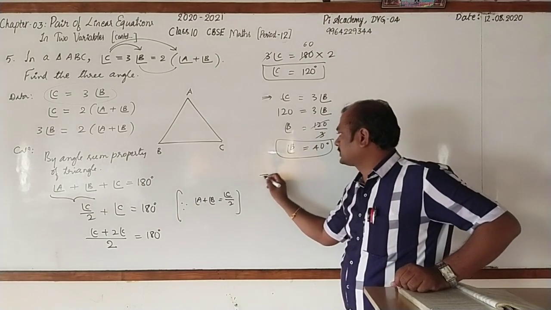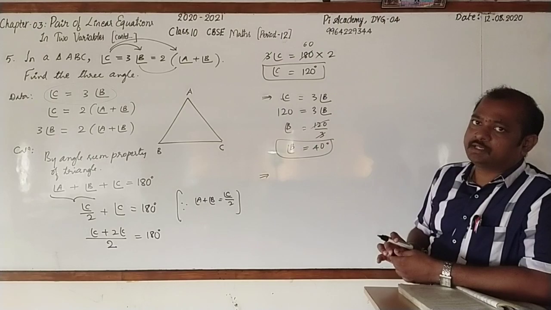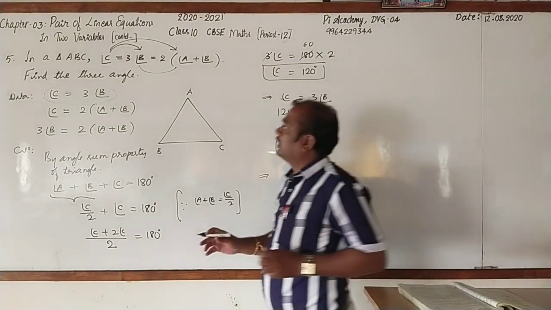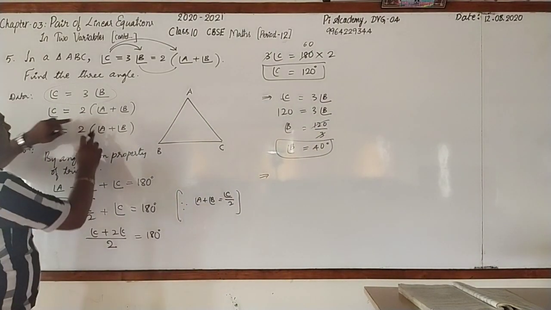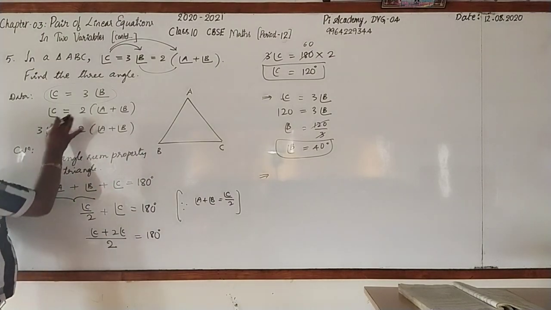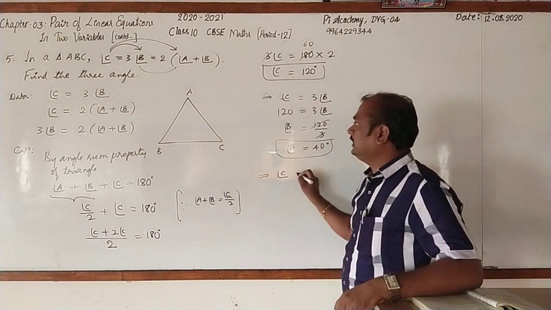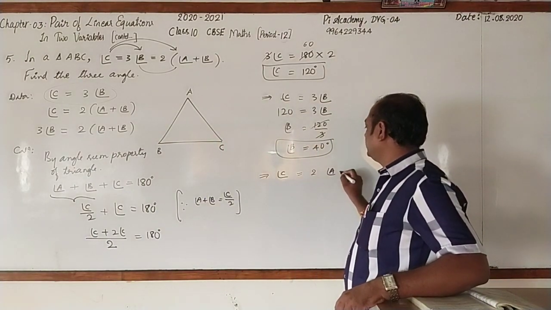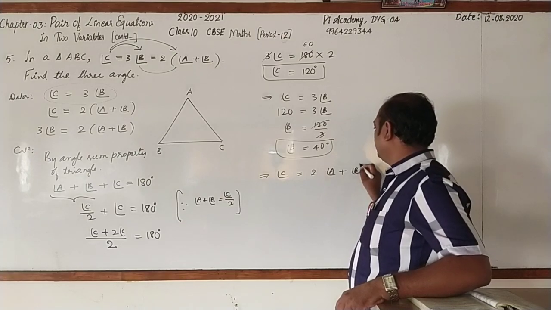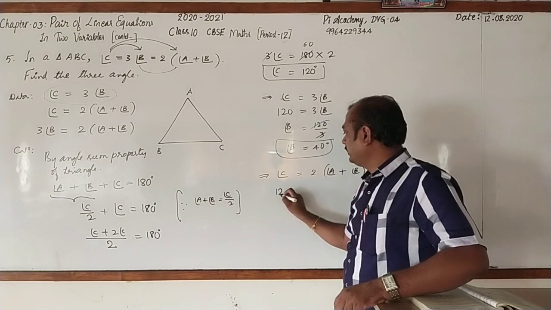Clear? Next, we should find out angle A. How do we go about that? You may use either the second statement or the third statement. Let me use the second statement. Angle C is equal to 2 times angle A plus angle B. Then what is angle C? This is 120 degrees.